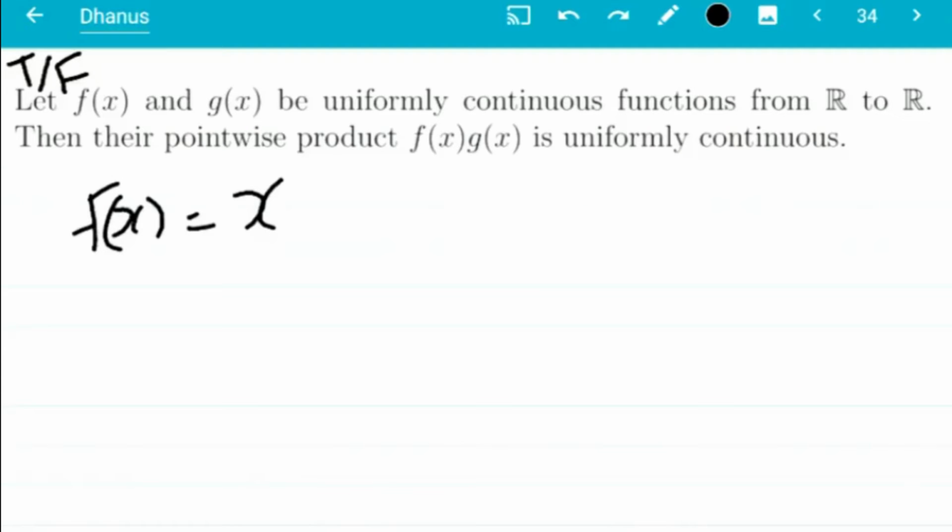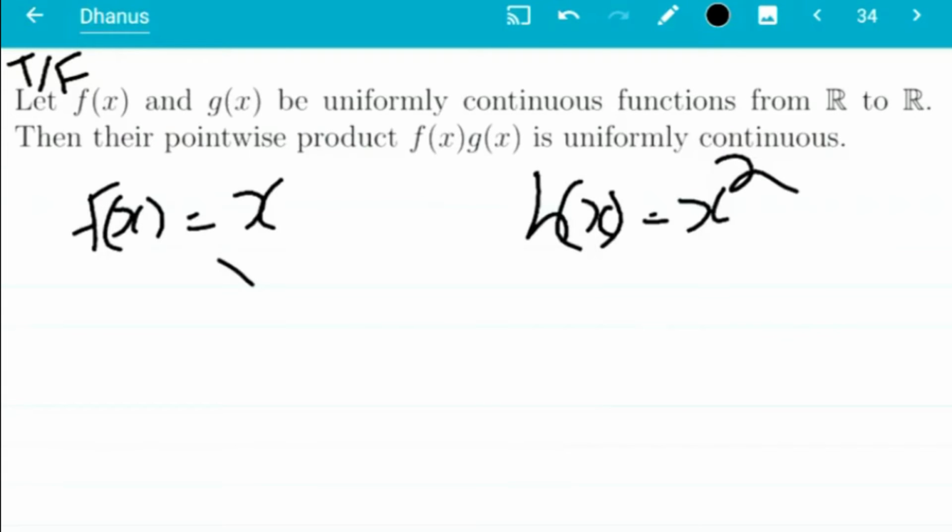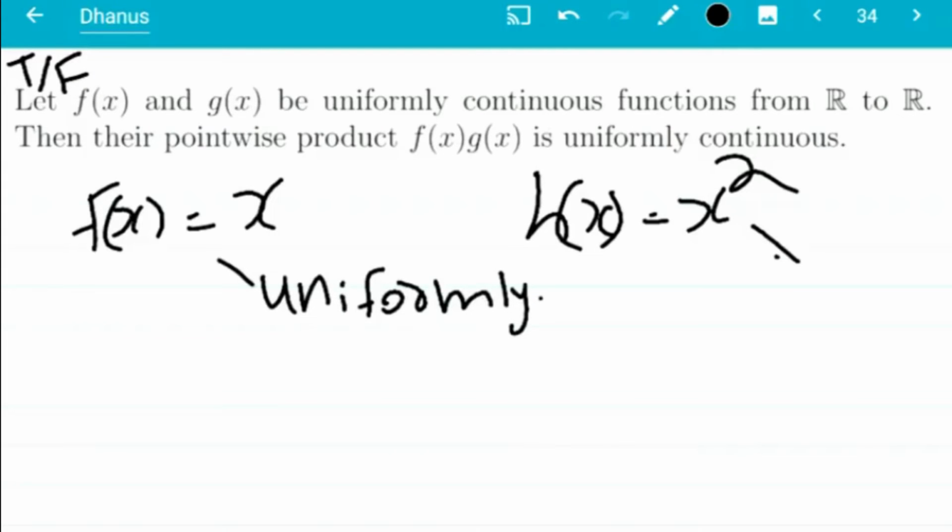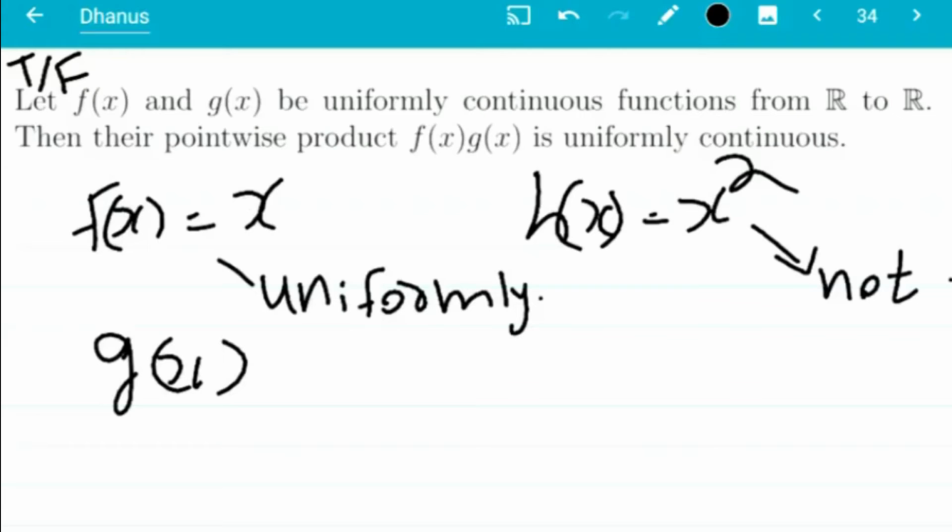So x is uniformly continuous and x square is not. That's why I am choosing g(x) equal to x, which is also a uniformly continuous function.